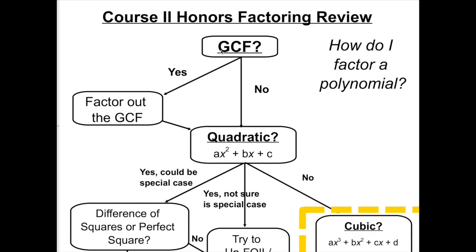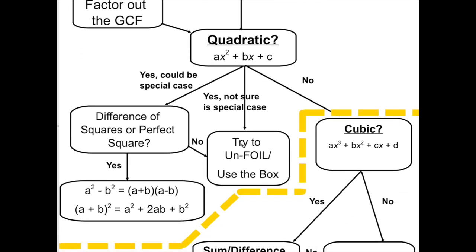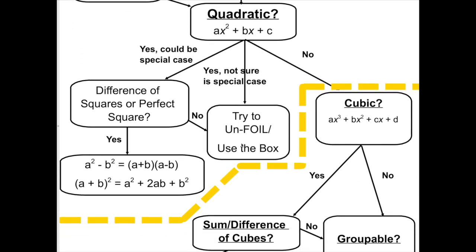If I ever ask you to factor completely, it is important that you take out a GCF. Once you've determined whether to take out a GCF, the next thing you'd want to see is whether the remaining polynomial is quadratic. Because if it's quadratic, then we can just use the skills that we've learned in Course 1 Honors to finish it out from there.